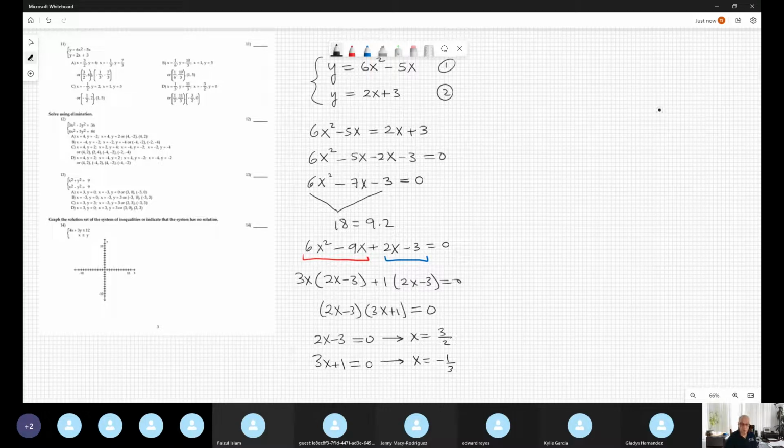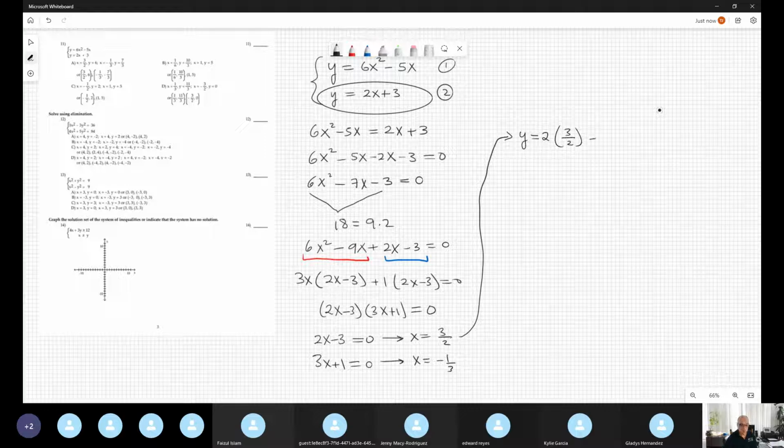Then substitution, of course, in the easier equation, which in my opinion is equation number 2, which is linear. In order to find the y associated with this, it is 2 times 3 over 2 plus 3.